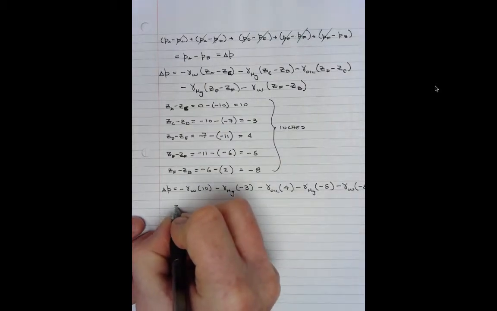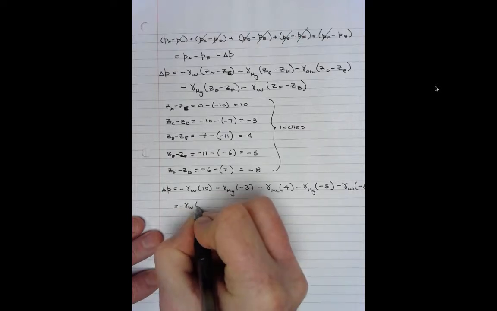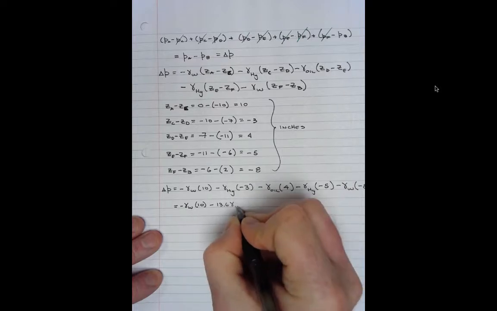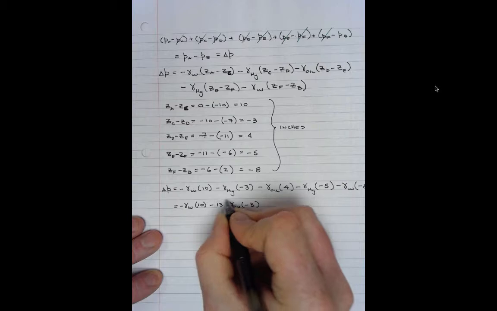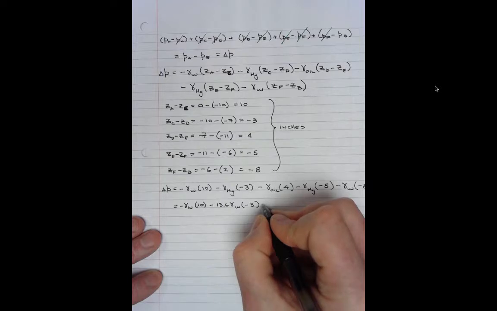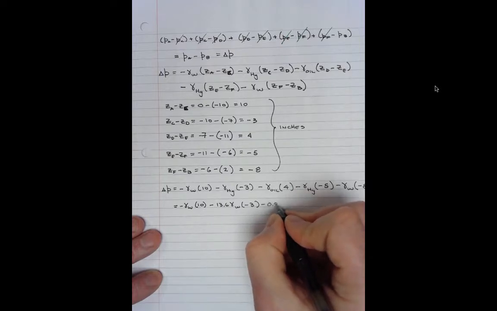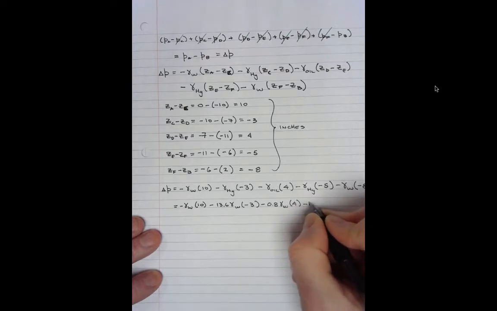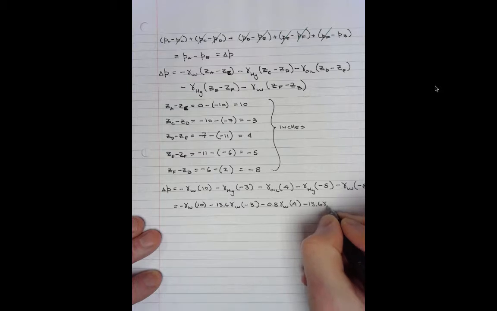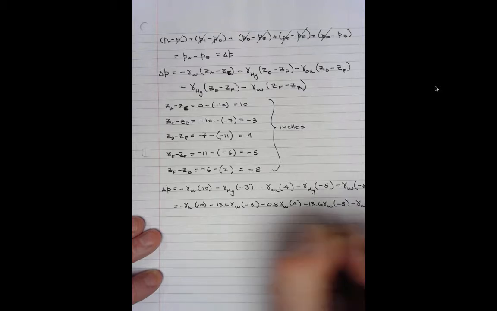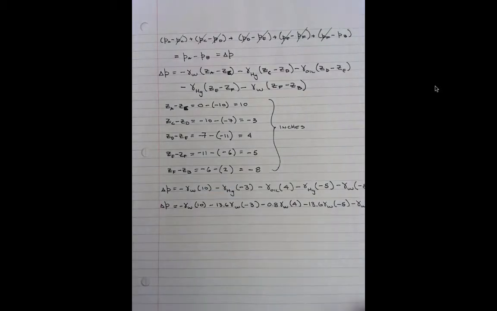Let's do that latter one. So that's minus gamma water times 10 minus 13.6 gamma water times minus 3. So we've just converted mercury into an equivalent specific weight of water, minus 0.8 gamma water times 4, minus 13.6 gamma water times minus 5, minus gamma water times minus 8 equals our delta P.